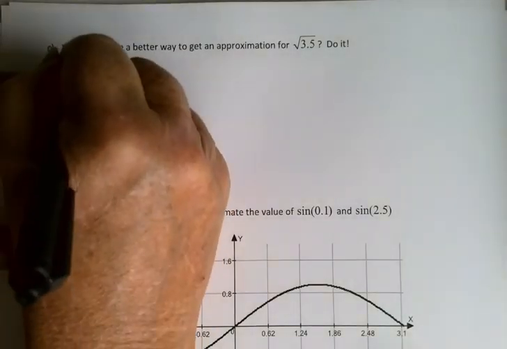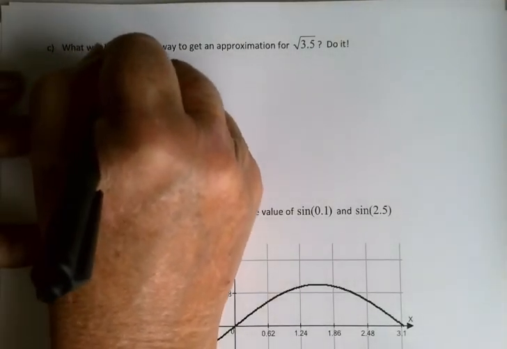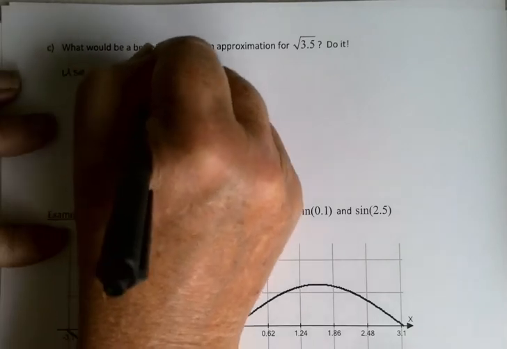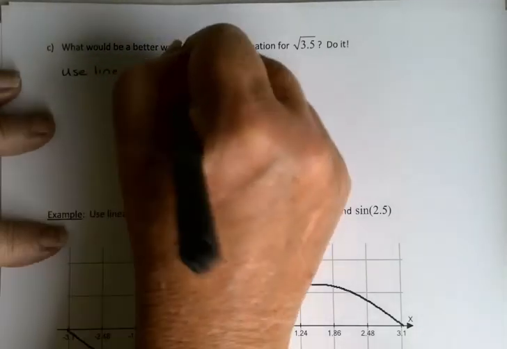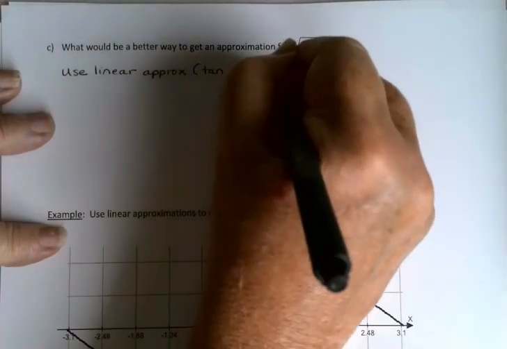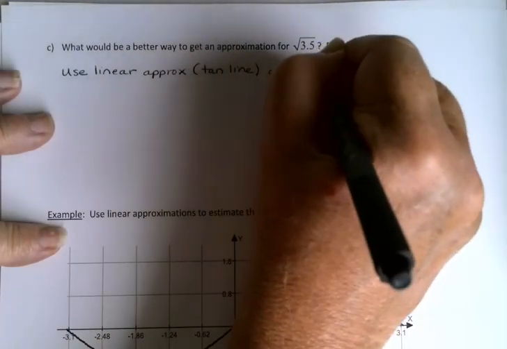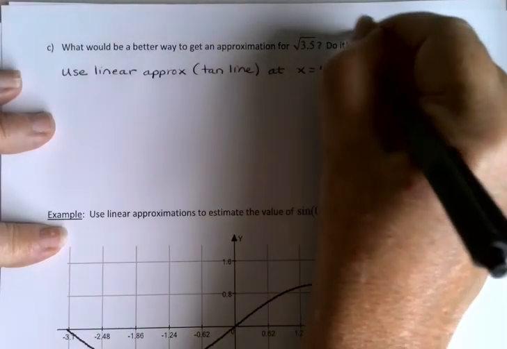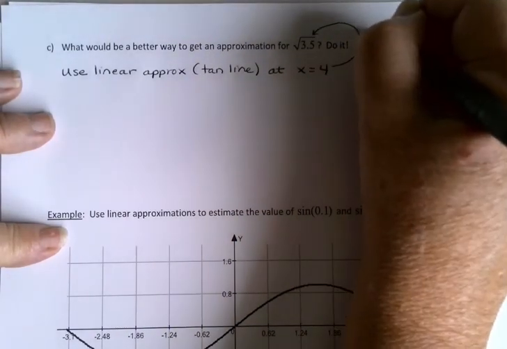So let's use the linear approximation, or in other words, the tangent line, at x equals 4 instead, because 4 is close to 3.5.